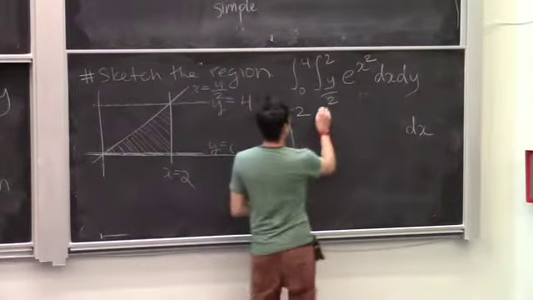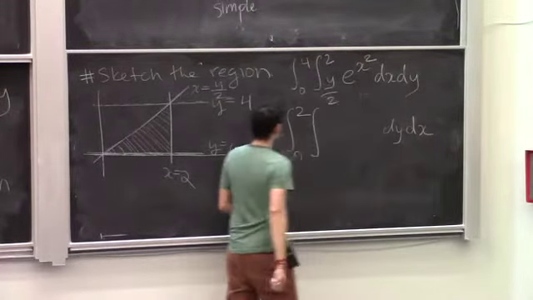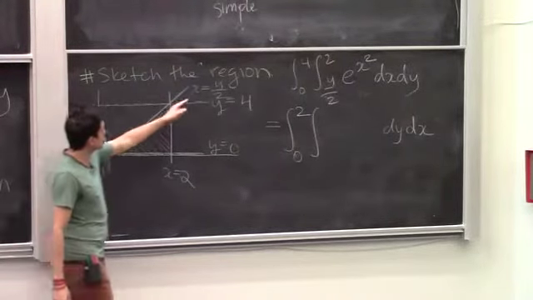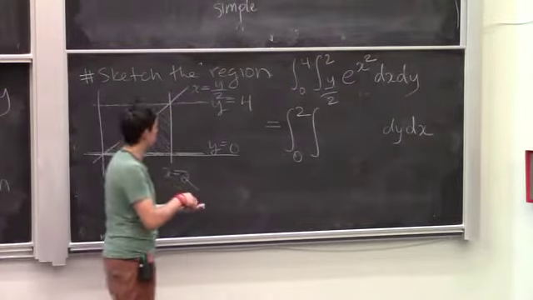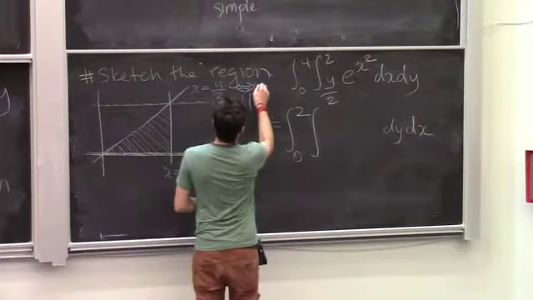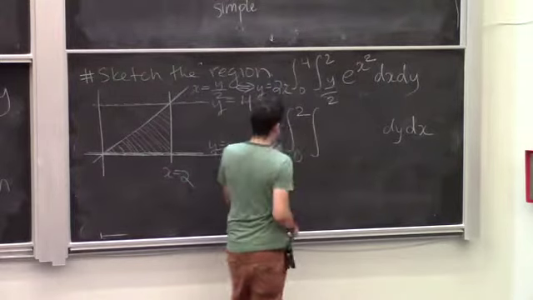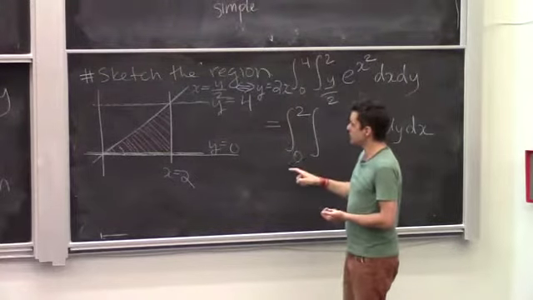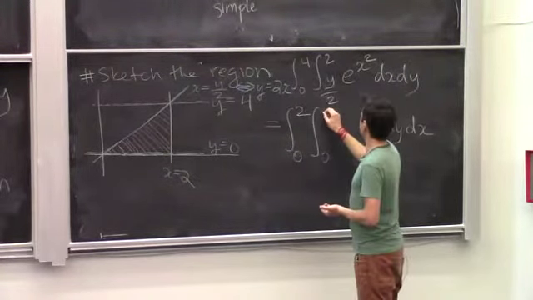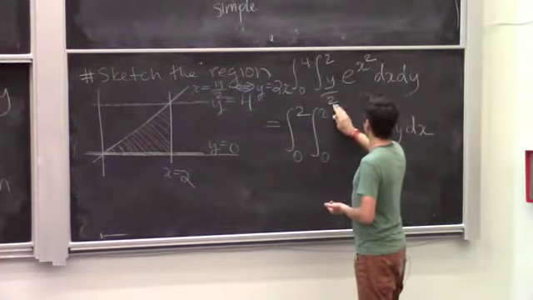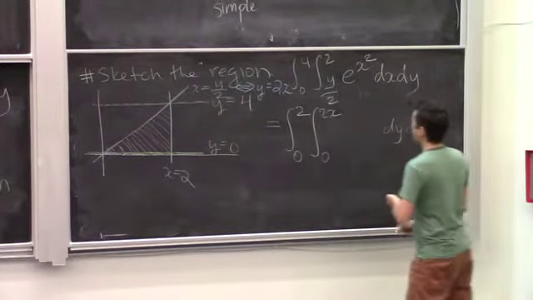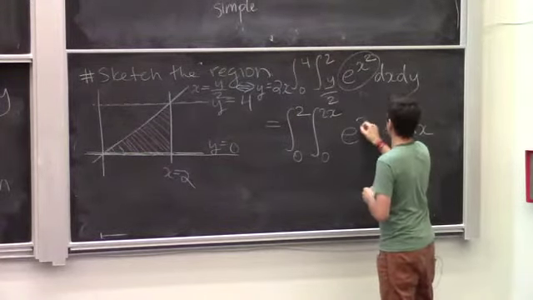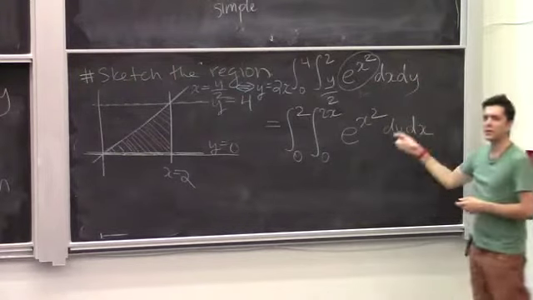And then inside that, we have to work with this equation and get it in terms of y now. Okay, y equals 2x. So we're going to be integrating from 0 to 2x. Okay, and our integral will stay the same. And now we're doing this guy here.